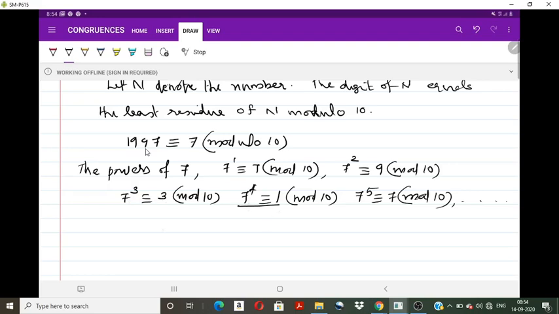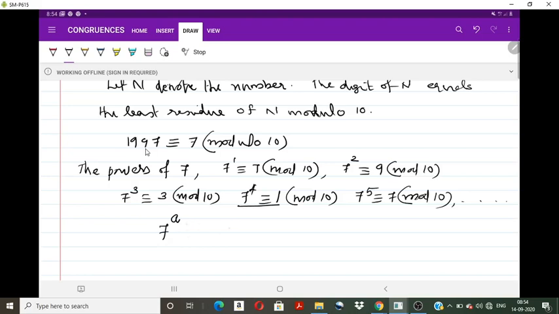So if we consider the power 7 raised to A, these powers are congruent to either 1, 3, 7 or 9 according to the power.